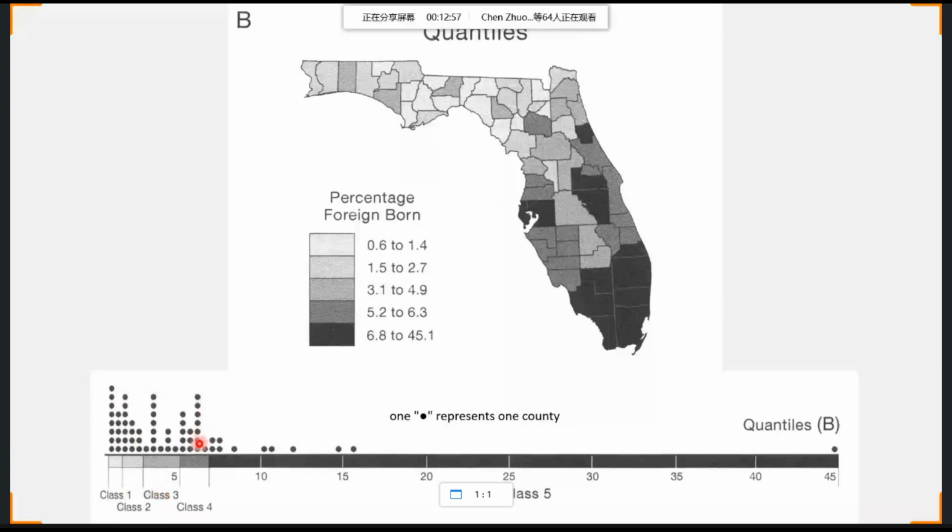You see many dots here. So the classes are very small, the class limits. So here it's just about 0.8. But here it's from 6.8 to 45.1. So you see this big difference. And of course, the map looks totally different if you compare method A and B.